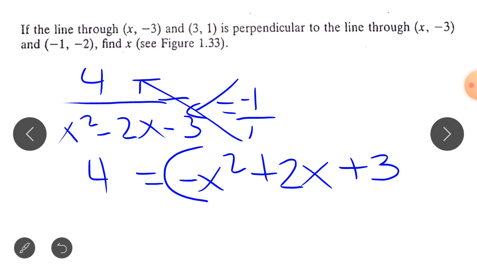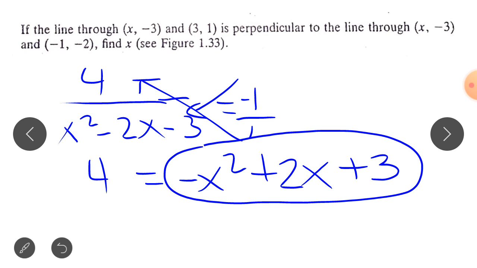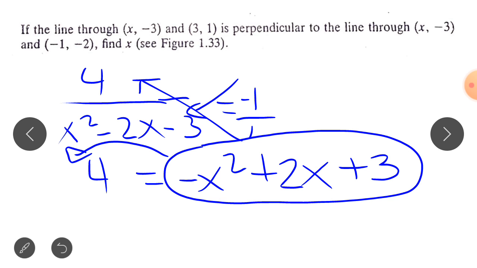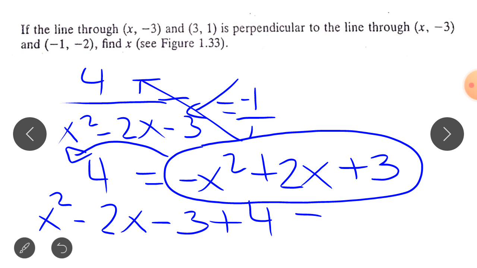So let's move all the numbers and letters on the right side to the left side of the equation, because we're trying to equate this to 0. Negative x squared will become positive x squared. Positive 2x will become negative 2x. Positive 3 will become negative 3. And we'll just copy positive 4 equals 0.